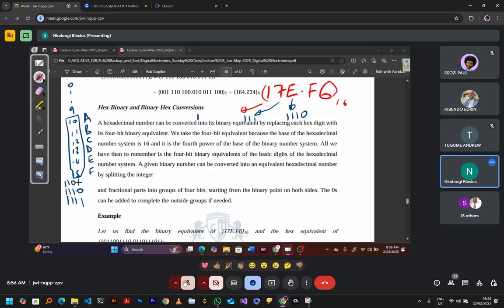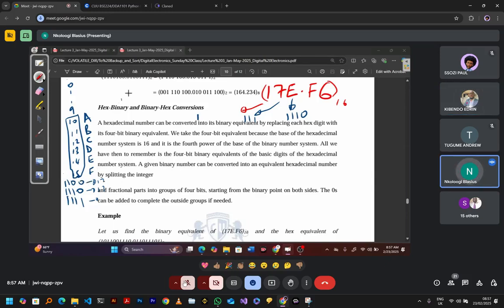The 12 is a C, so that becomes 1, 1, 0, 0. Then 11 will be what? Let me work through the weights.